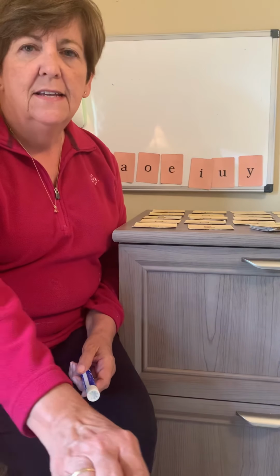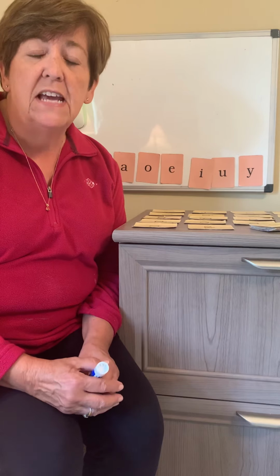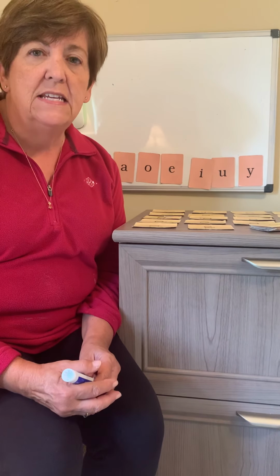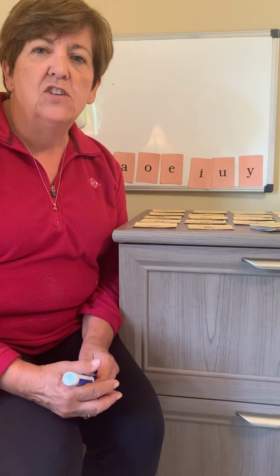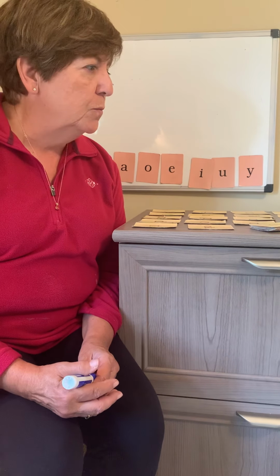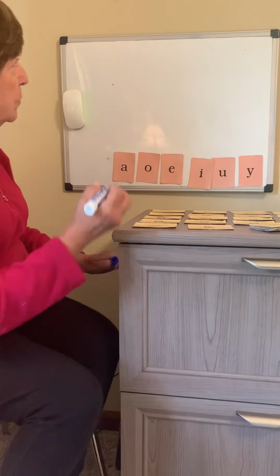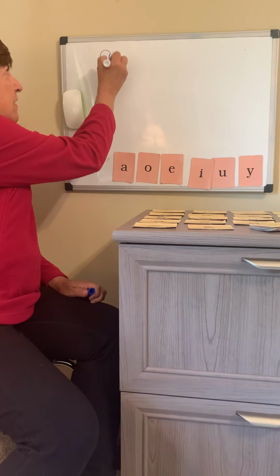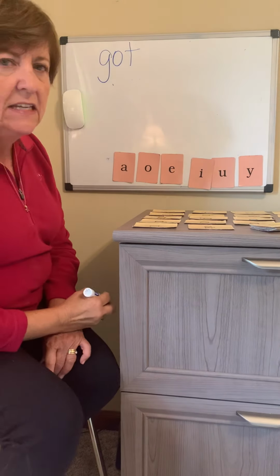Hi boys and girls. Today it's finally time to learn about our sixth and final type of syllable, the consonant LE syllable. Before we do that though, let's go back and talk about all of the types of syllables that we know so far. So our very first type of syllable was the syllable we see in the word got.